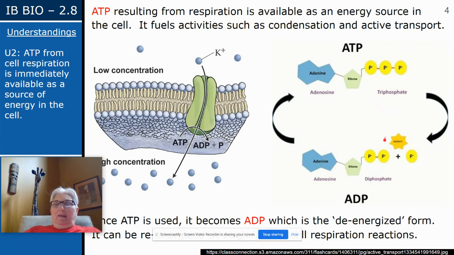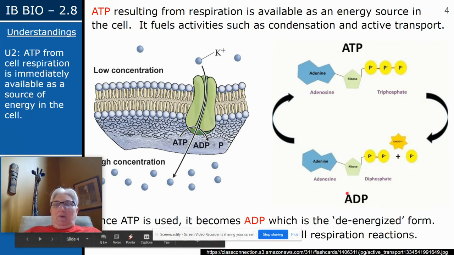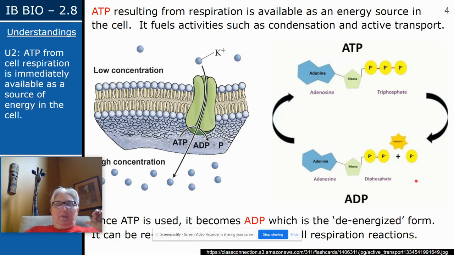And when we do that, we release energy, and we are then left with a molecule, adenosine diphosphate, indicating that we only will have those 2 phosphates left. Now, when we go from ATP to ADP, we're releasing that phosphate so that we can release energy. We call this a de-energization reaction. So that's what's happening there.